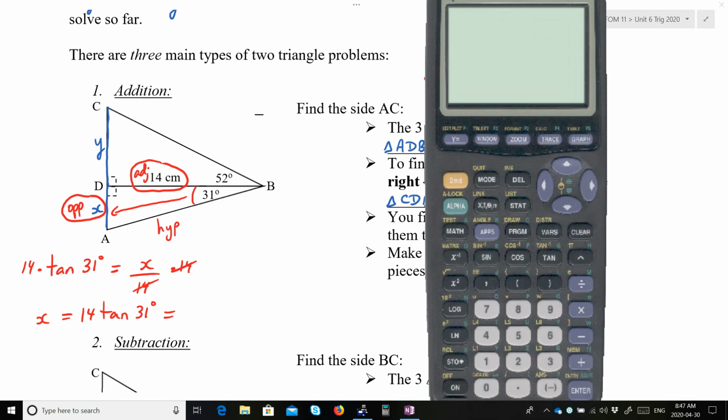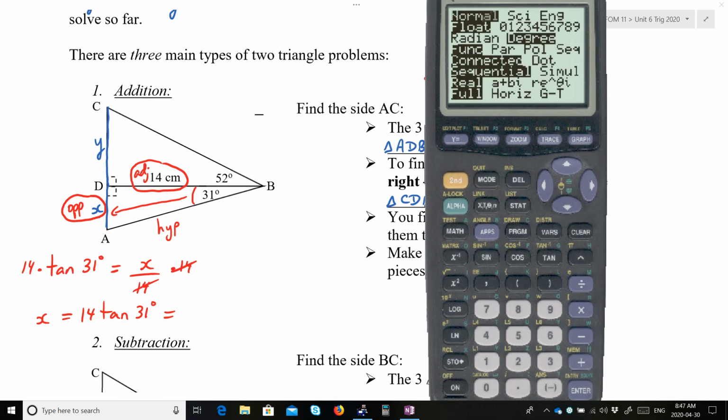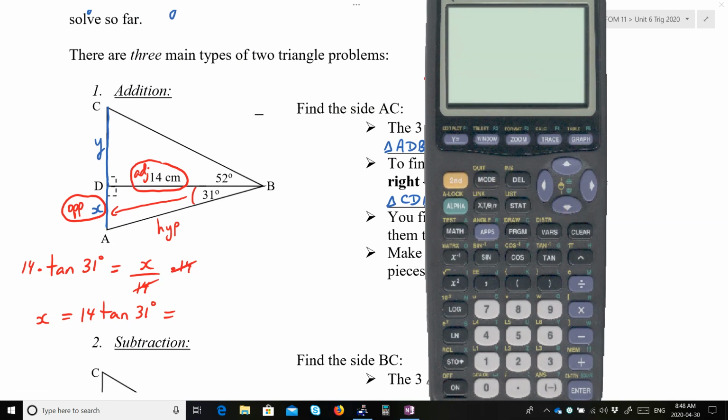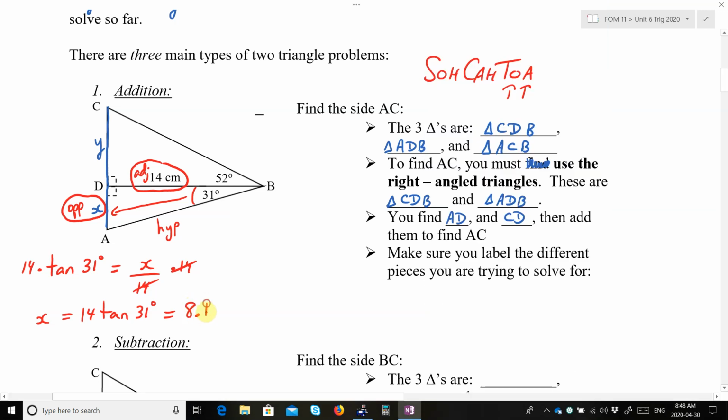Our angle is in degrees, so make sure your calculator is in degree mode, and notice that the degree is highlighted. Good, so I'm just going to go 14 tan 31, bang, 8.4. And the 14 was in centimeters, so this is centimeters. So there's x.